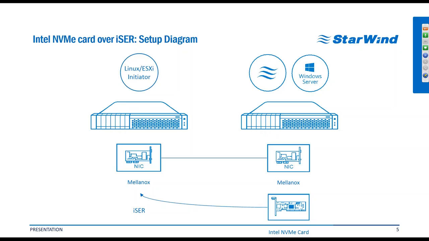So there is a Mellanox NIC, an NVMe card, and those are connected through iSER. And over here, here's a quick video of myself doing that. So this is a StarWind box.